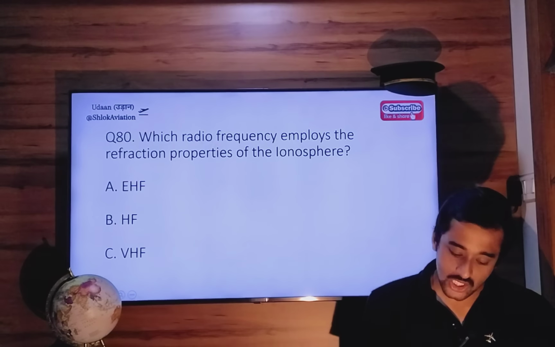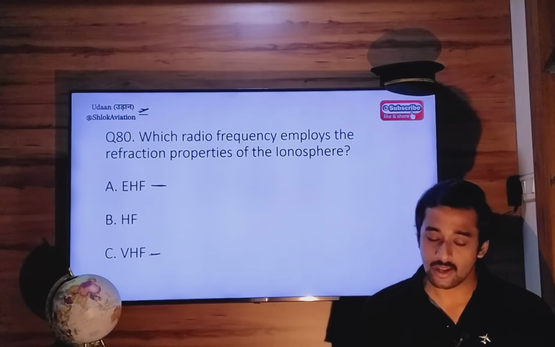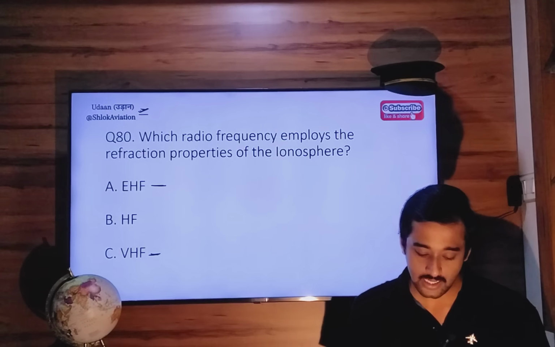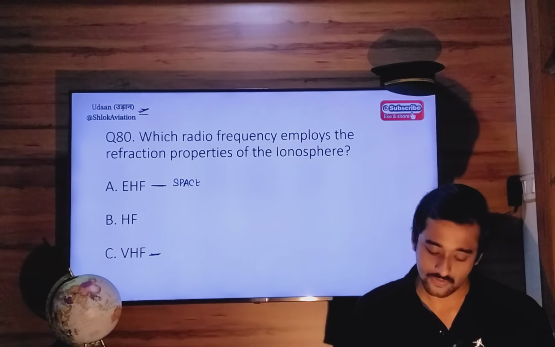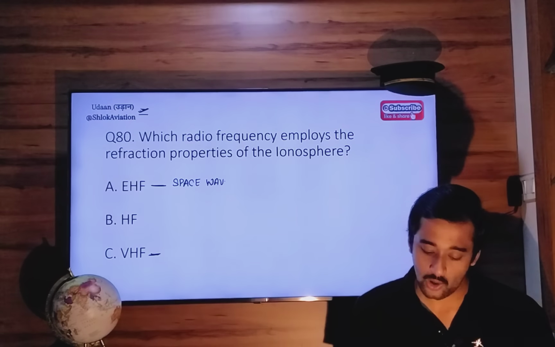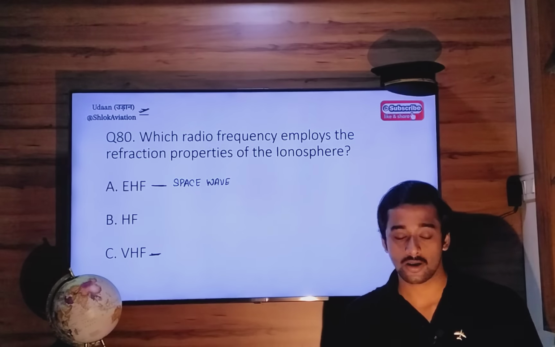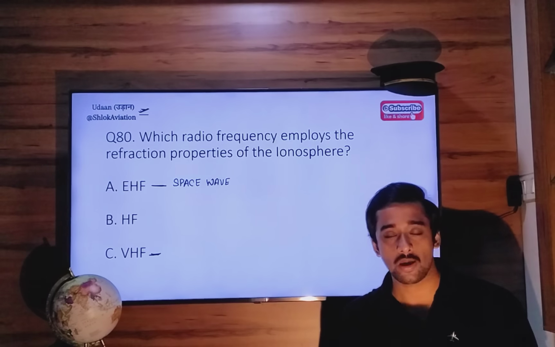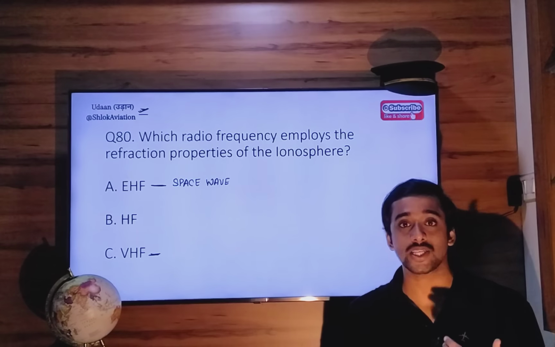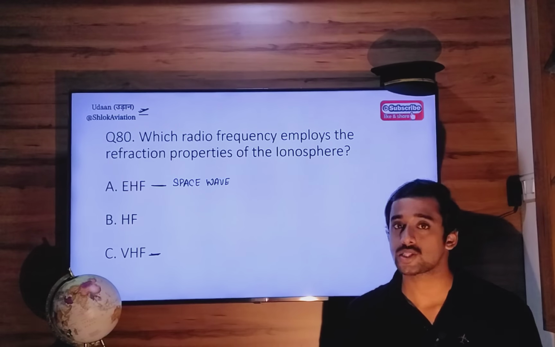Extremely high frequency and very high frequency bands employ space wave characteristics. That's why aircraft or instruments working in these frequency bands must be within line of sight range of the ground stations.